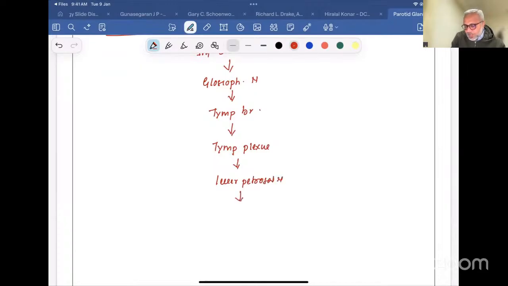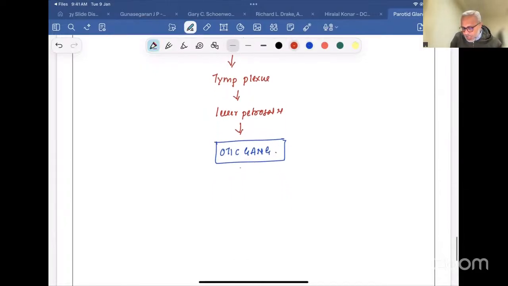The lesser petrosal nerve will ultimately relay to, you need to highlight, otic ganglion, right? So from otic ganglion, we have auriculotemporal nerve, and auriculotemporal nerve will innervate the parotid gland, right?